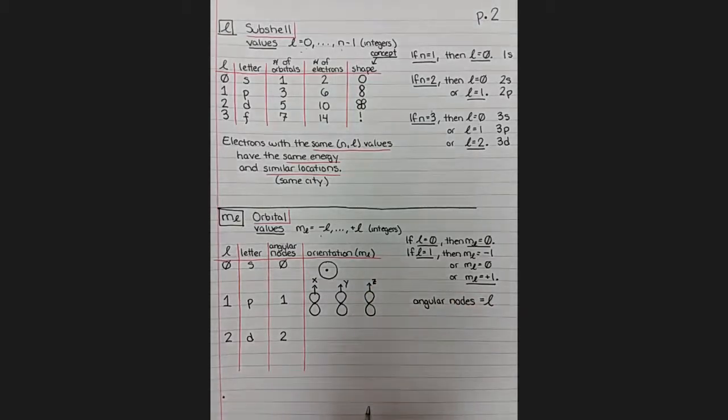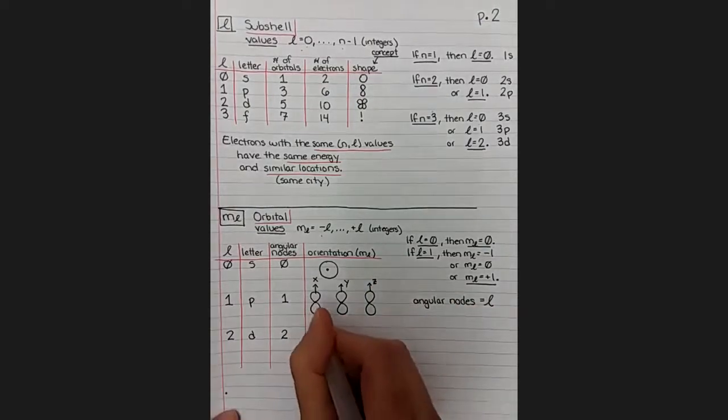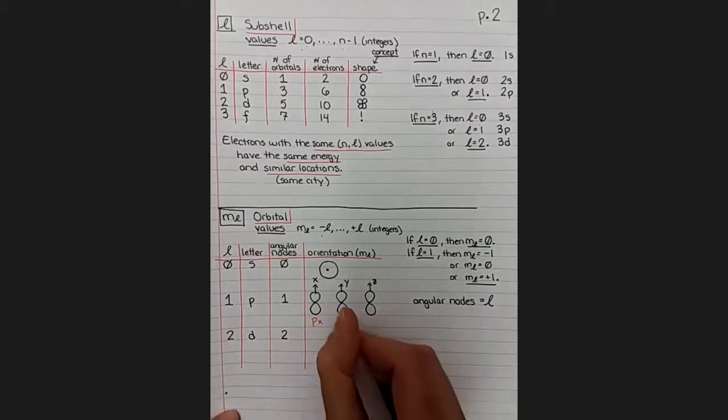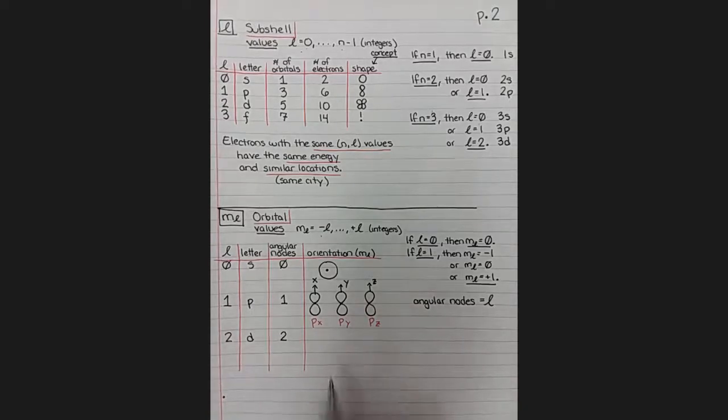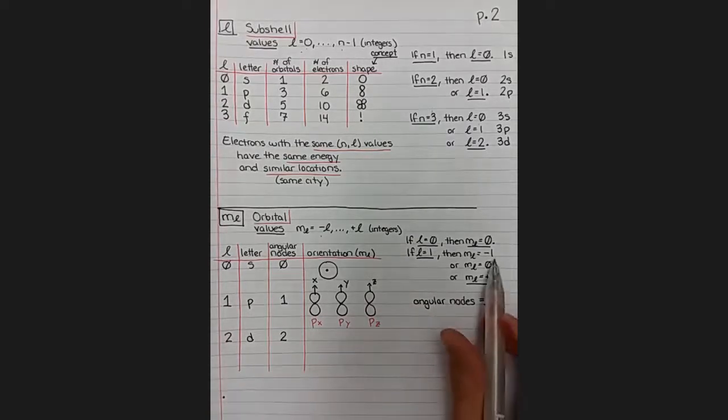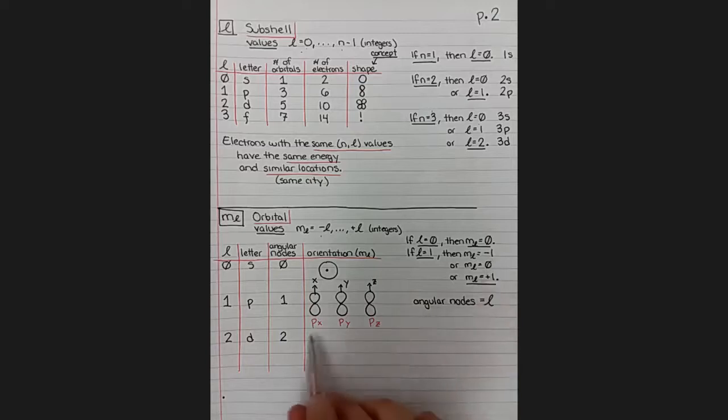So if we wanted to label them and tell them apart, we call them px, py, and pz. You may be wondering, why don't we just call them p sub -1? Why don't we put the m sub L number in there? And that's because the m sub L number gets a little bit complicated and doesn't necessarily correspond to just one picture. So we name them based on their location on the Cartesian plane.